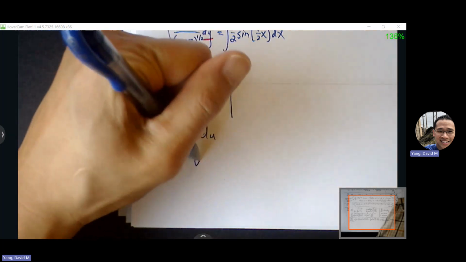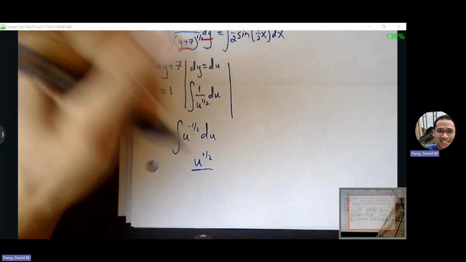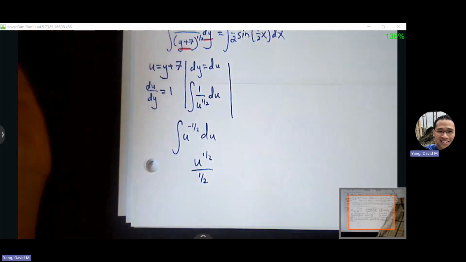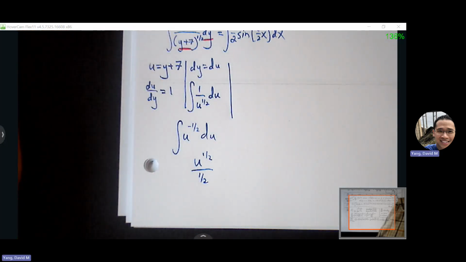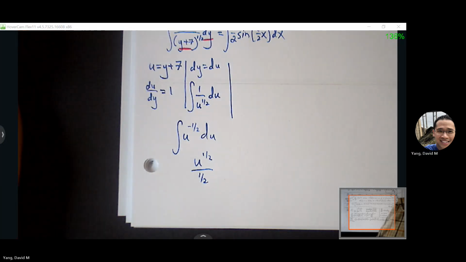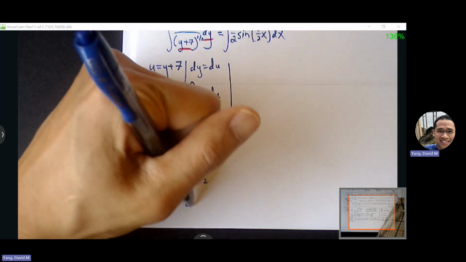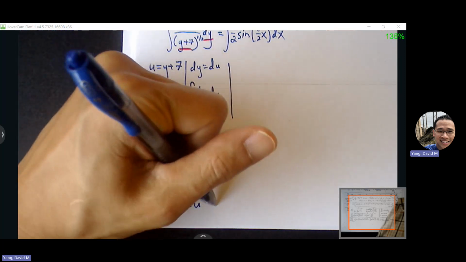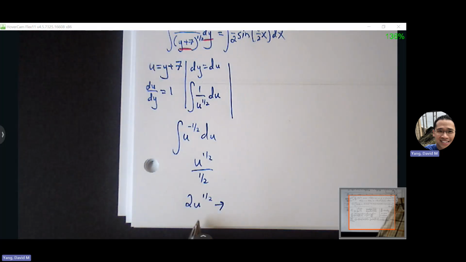Okay, so u to the 1/2 over 1/2. And that cleans up to be what? Dividing by 1/2 is the same thing as multiplying by 2. So 2u to the 1/2, and then we can bring back our original variable, right?